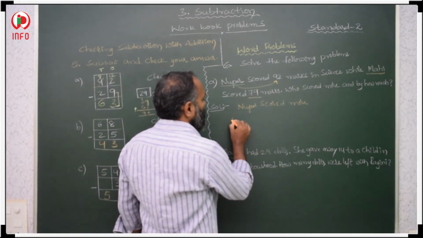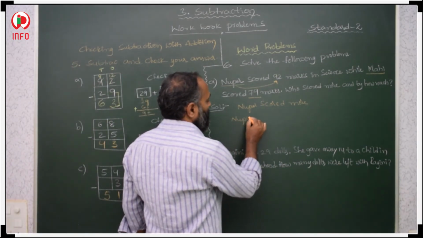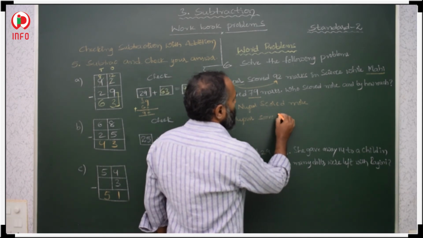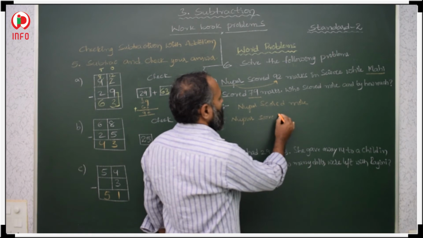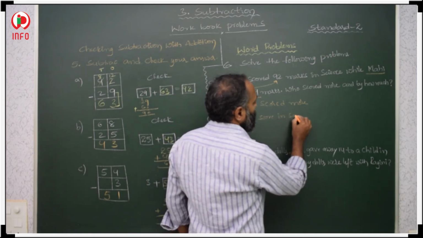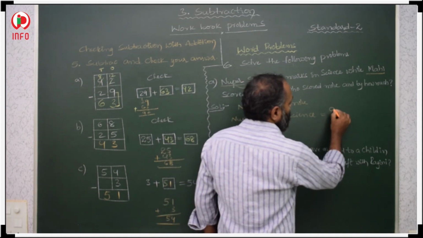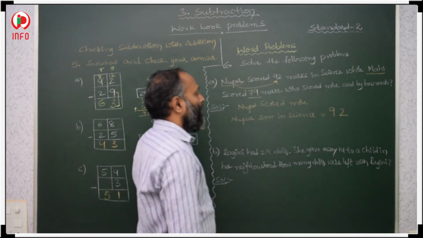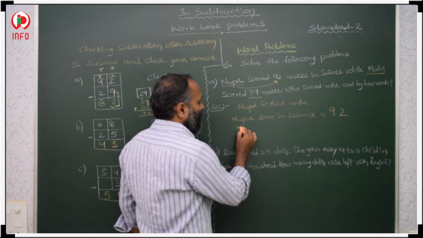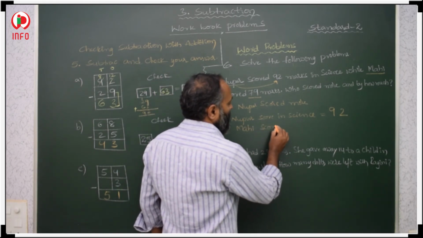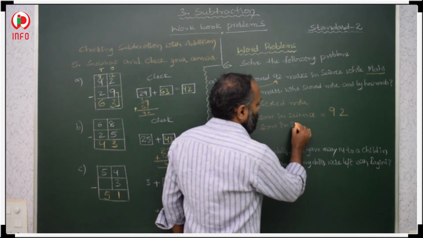Then Nupur's score in science. How many marks? 92. Next, Mahi's score in science.